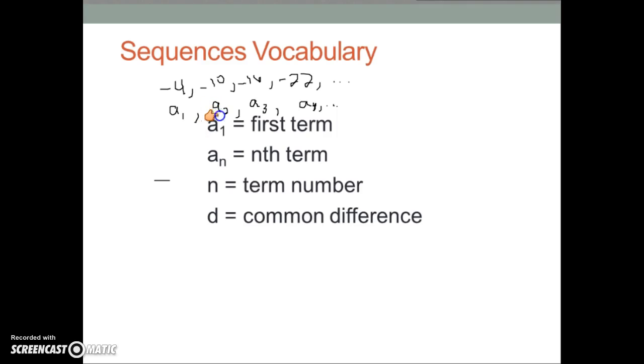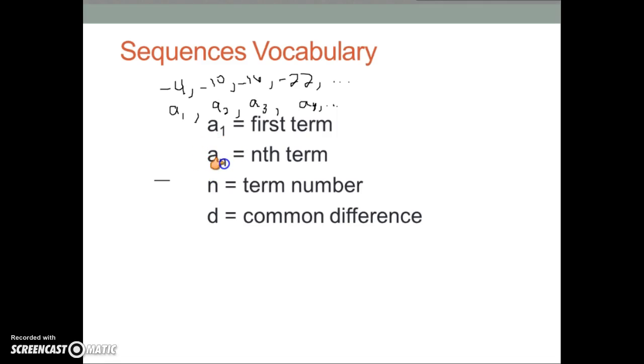And then each term after that, the 2, the 3, the 4, and so on, represents the position of that term. A sub n means we're looking at the nth term, so an unknown term value. And then n, going along with this one, n is that term number. So for example, if we want to find the 8th term in a sequence, n would equal 8.